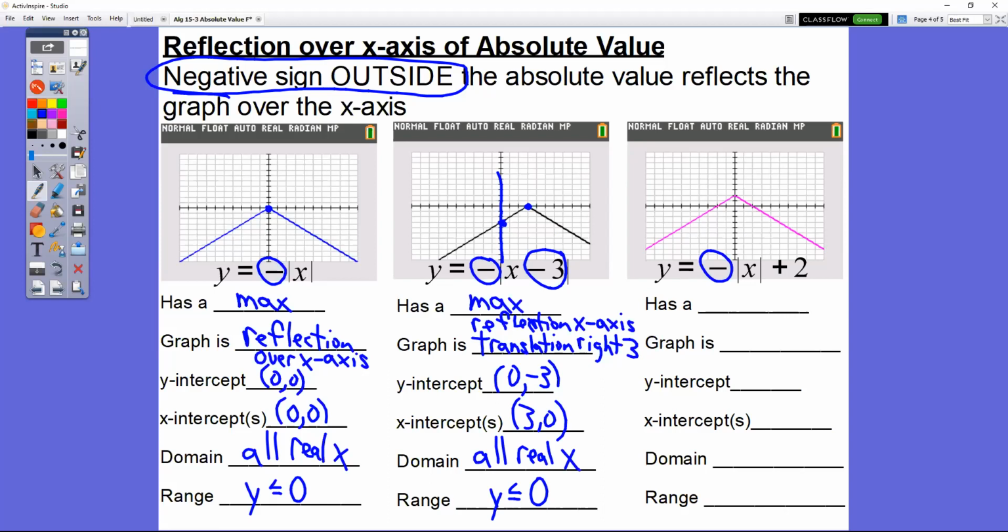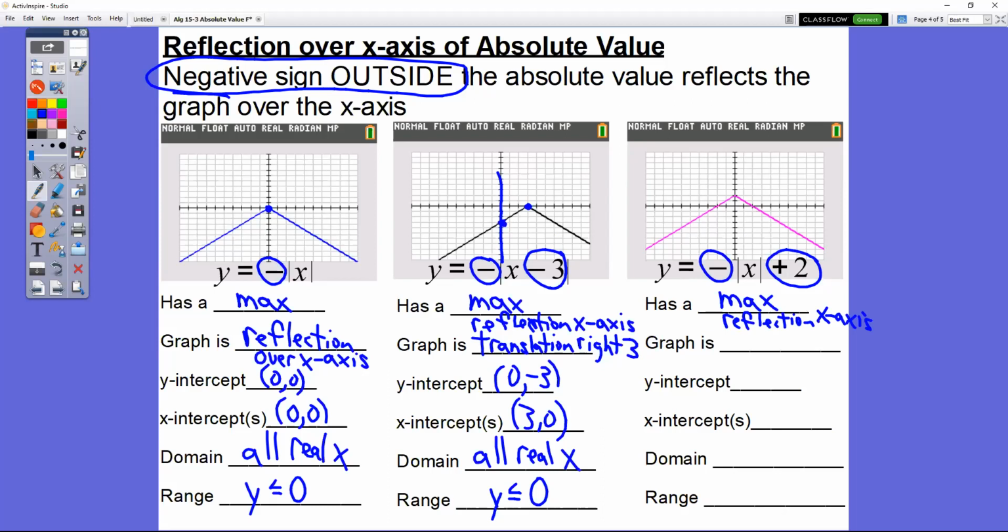For the third one, we have two different things going on as well. We have a negative sign outside, but then we're adding 2 to the entire function. This has a max. The graph is a reflection over the x-axis.